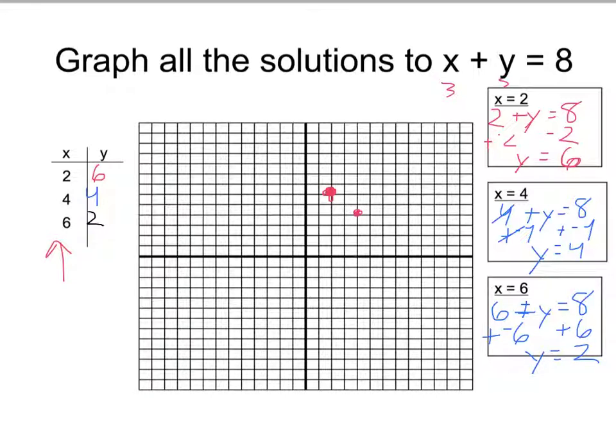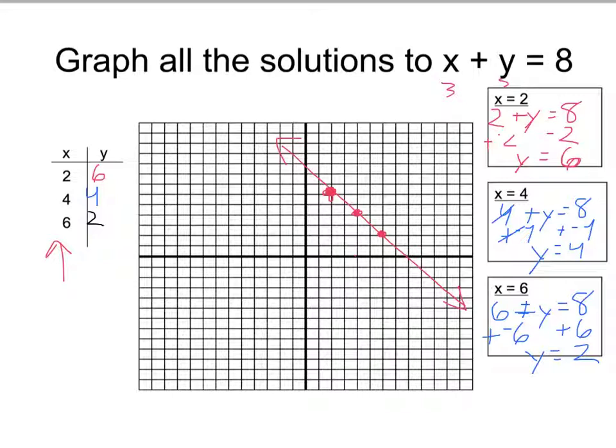There's our second point. And our third point is 6, 2, so that would be right here. That gives us 3 points, which gives us the ability to easily draw a line. And we put arrows on the end of it, indicating it goes forever. And so our solutions are infinite for this problem.